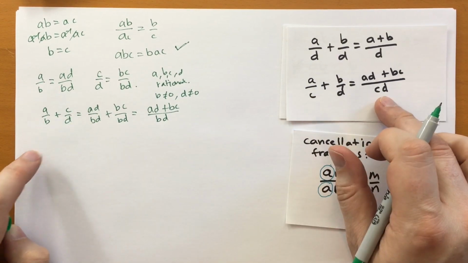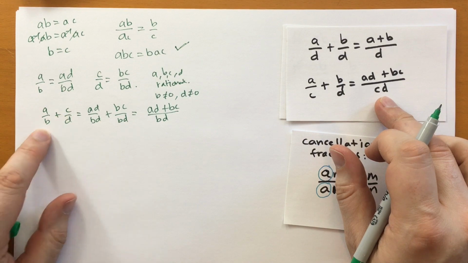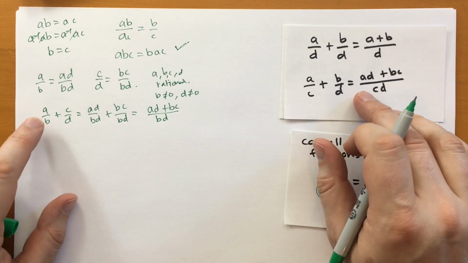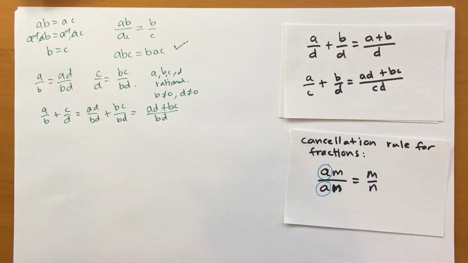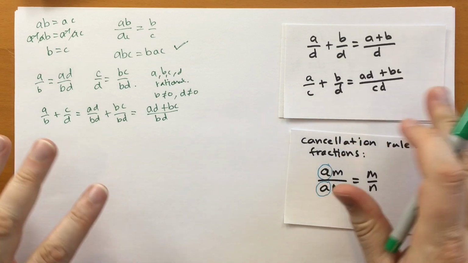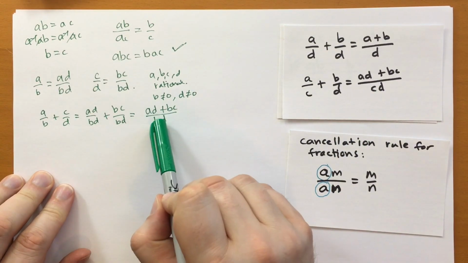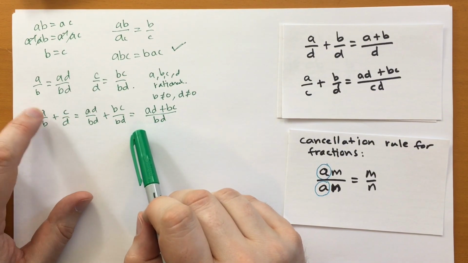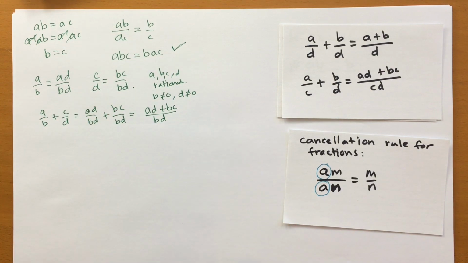The bottoms multiply, and then you get B times C, and A times D. So multiply the bottoms across, cross multiply the top two terms, and then add them together. That's how you add two fractions, two ratios of rational numbers.